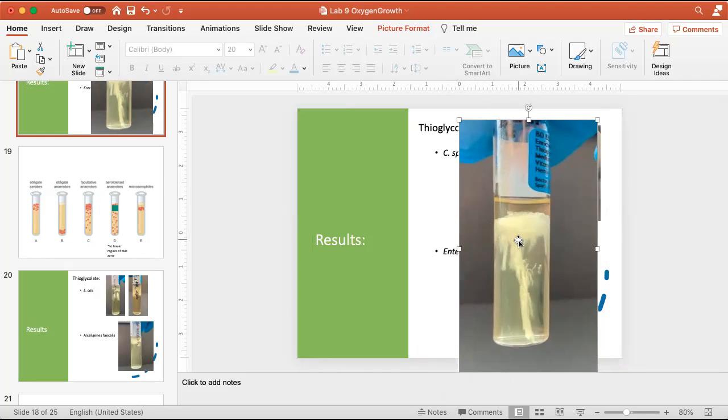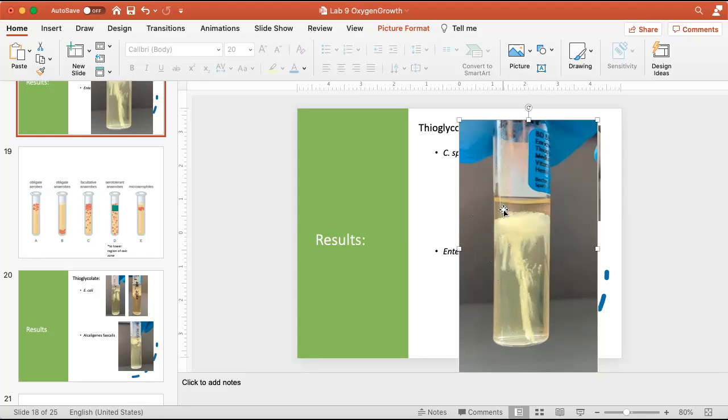So the way you read this, when you see a tendril like this, is that cells are able to grow all the way through this, right? They're able to grow at this level and this level and this level and this level and down at the bottom. But most of the cells are up here.